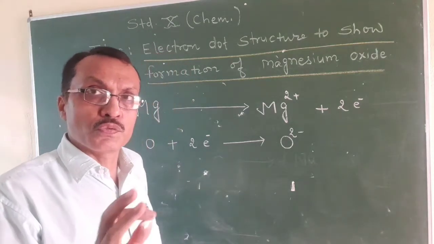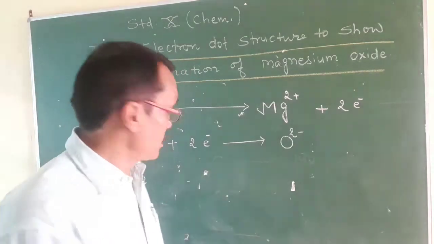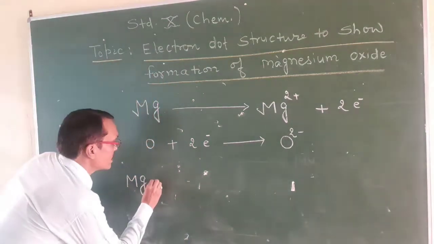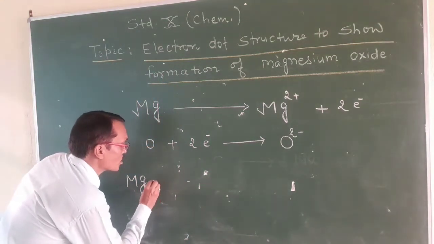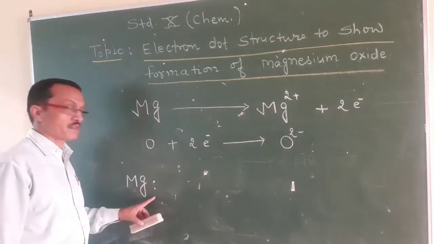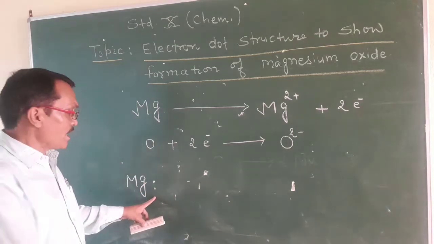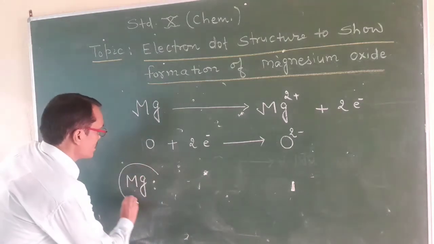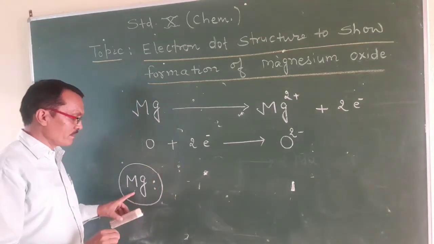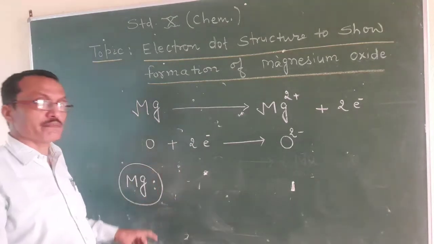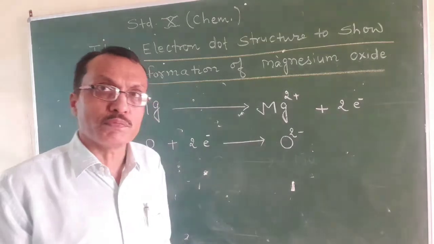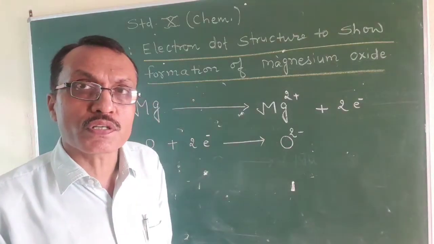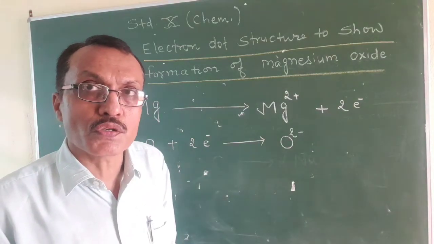Those 2 electrons I will show here by giving 2 dots. Students, this symbol of magnesium is said to be a Lewis dot symbol.